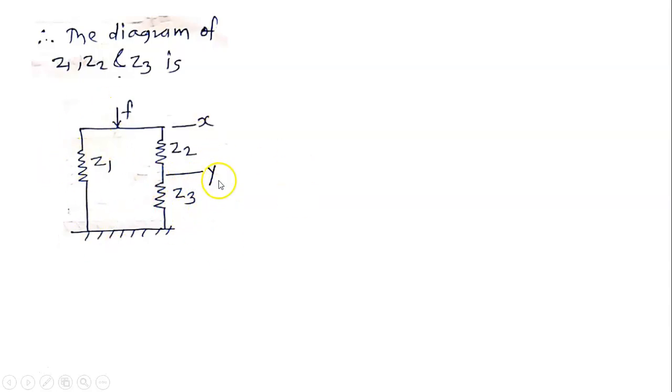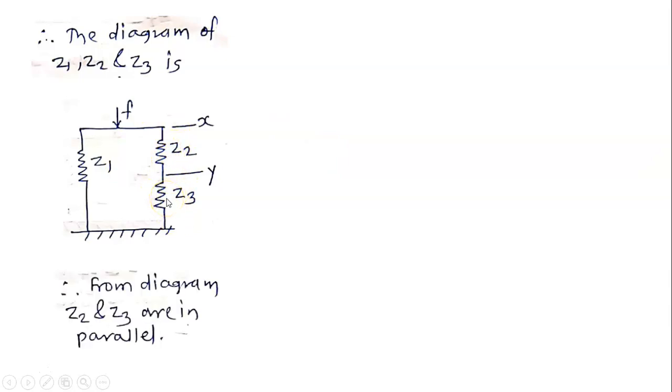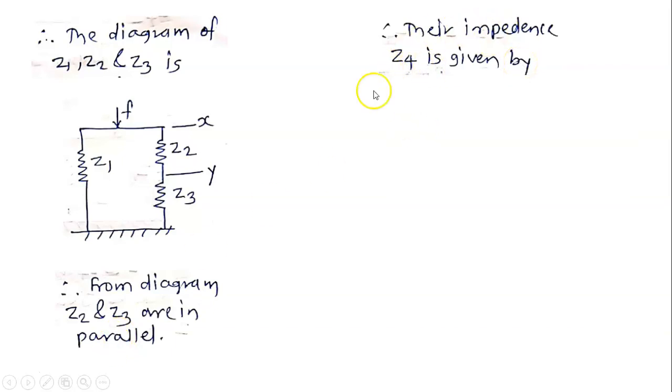Now from this diagram we are observing that Z2 and Z3 are in parallel. Therefore, their impedance Z4 is given by: when parallel elements are there, how do we write the impedance?